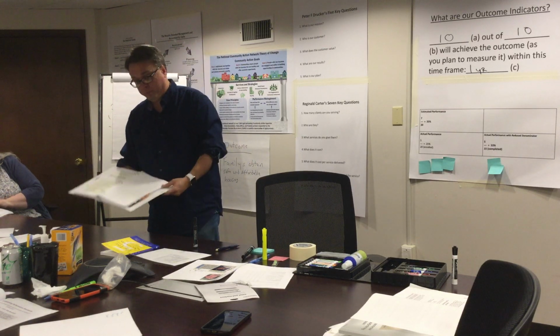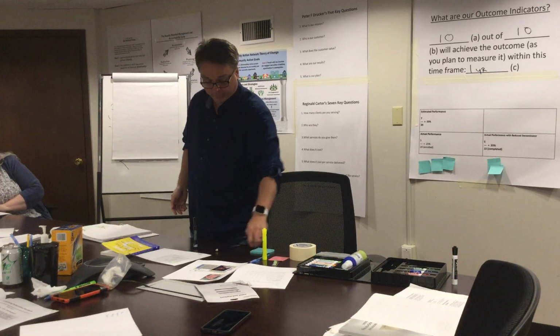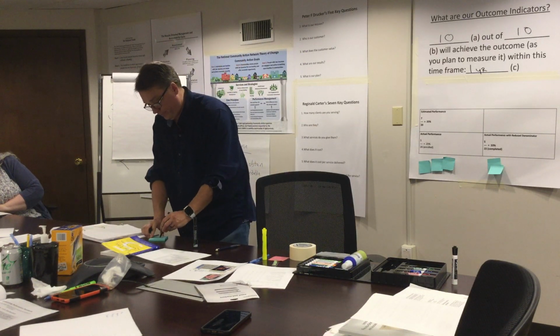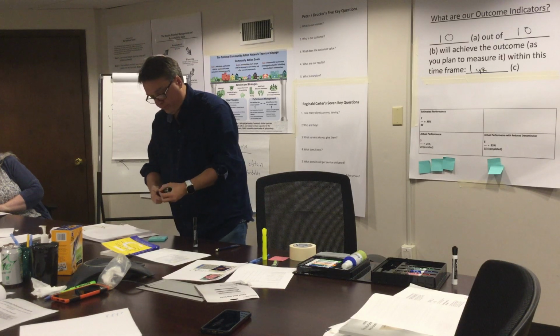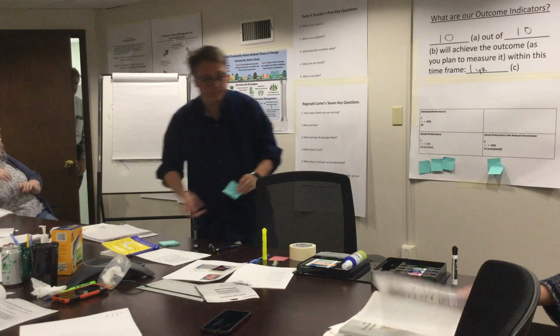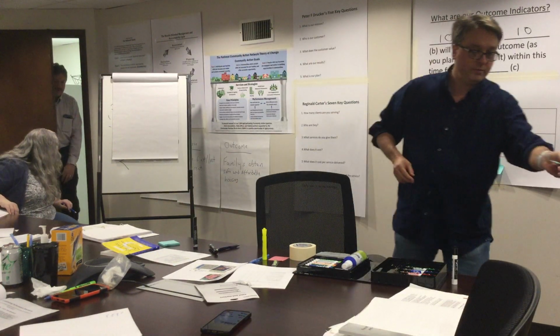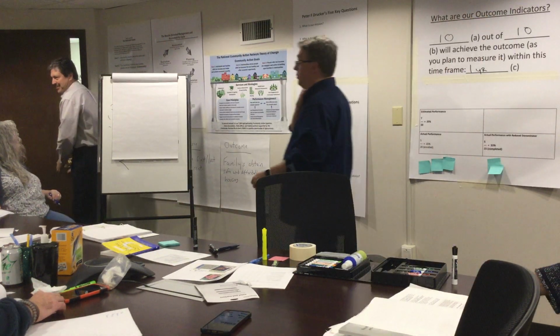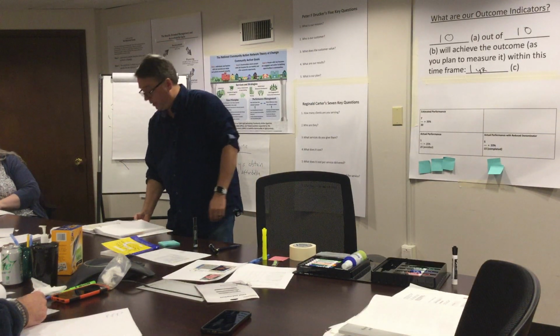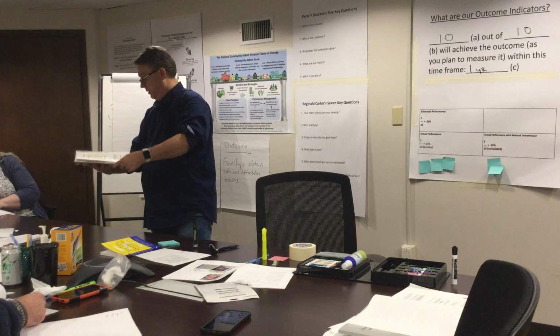So now we can put in our results over on our logic model. You'll notice Jerry's going to place our little R for our results over in column 5.